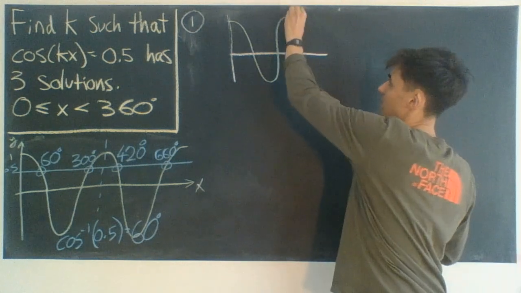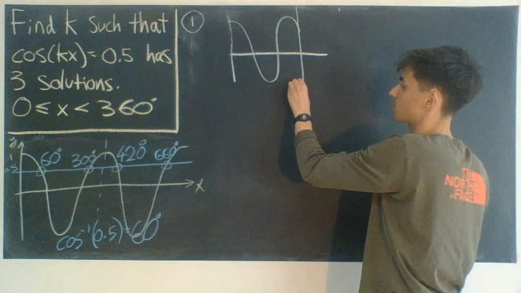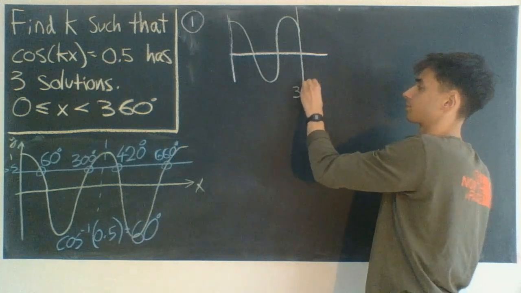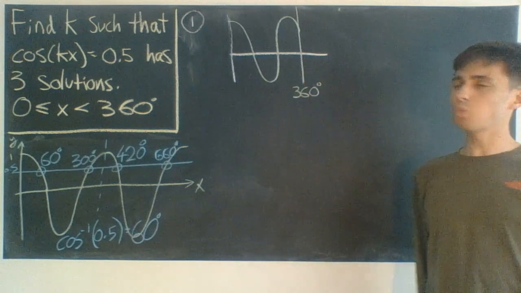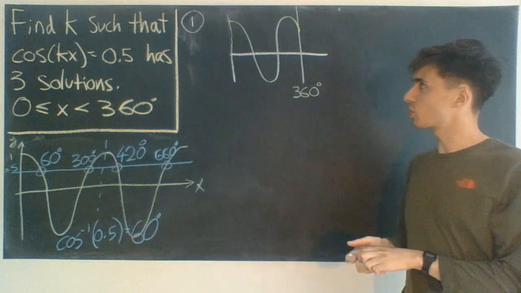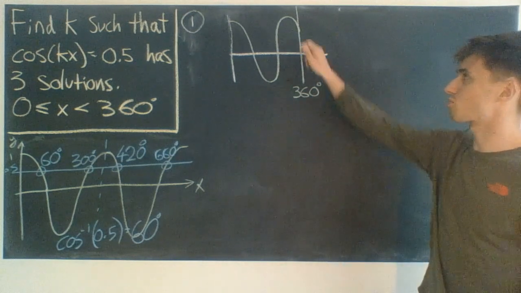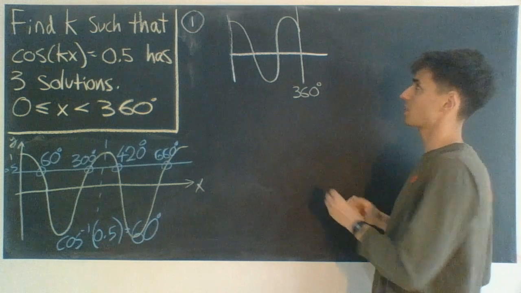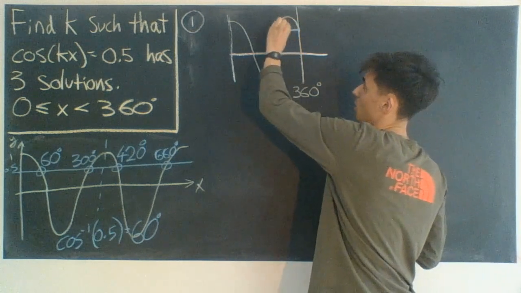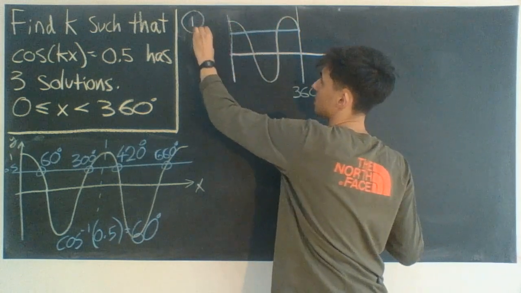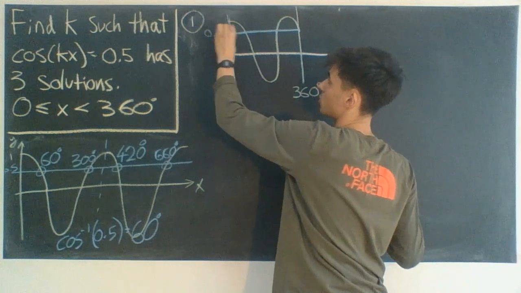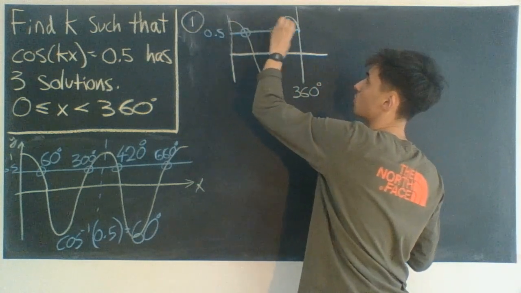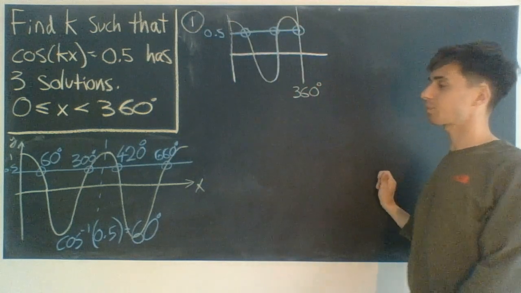And this here is 360 degrees. What we've got is our third solution just creeping into that range at 360. So this represents 0.5, which is where our solutions are located, 1, 2, and 3.